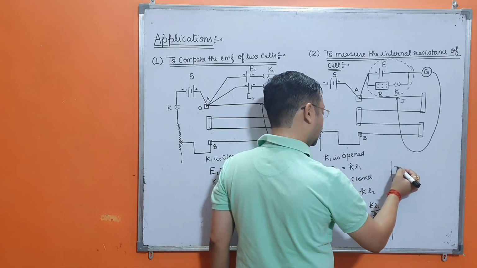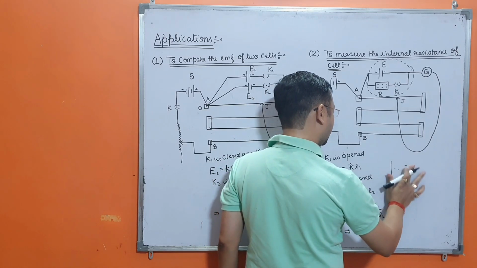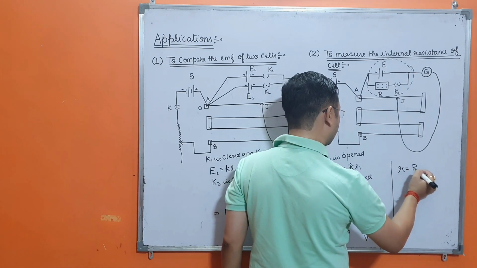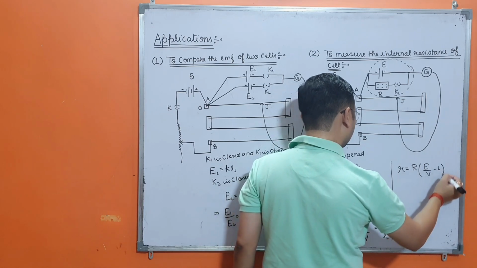Now this implies that we know the value of internal resistance will be taken as small r equals capital R, E upon V minus 1.